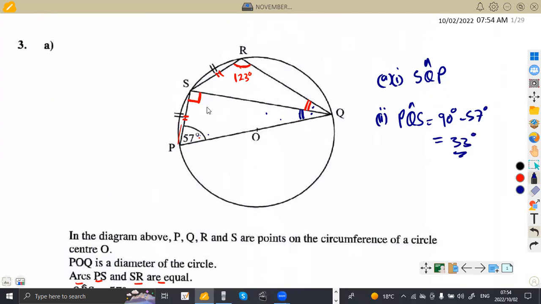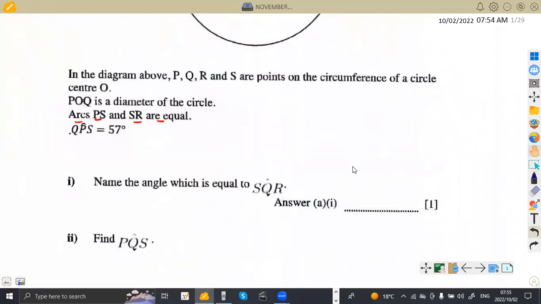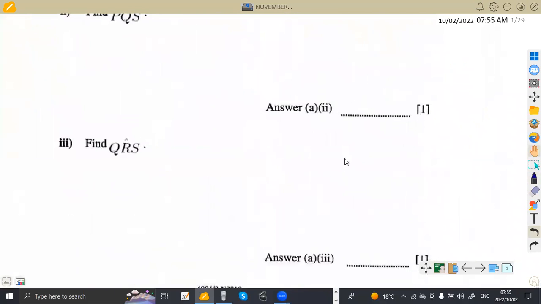Or you can simply take the concept of angles in a triangle. If you say that this is 90, we can just subtract from 180 degrees minus 90 plus 57 degrees. You must obtain the same answer as the one that we got here. Then let us see item 3, QRS.